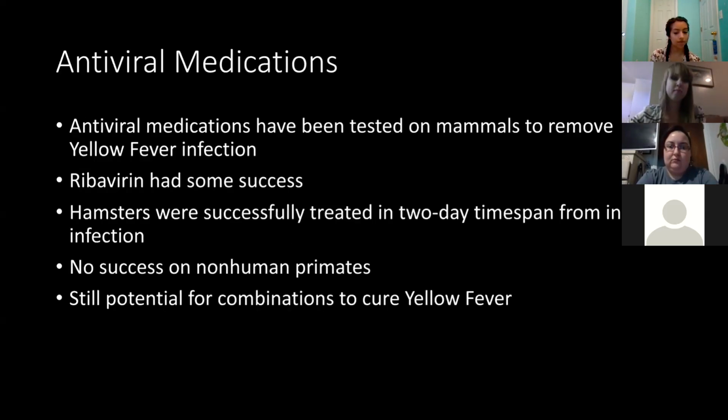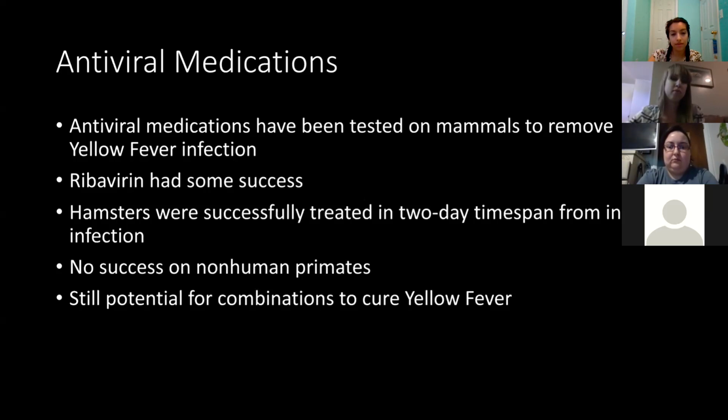Antiviral medication. Current research has been testing numerous antiviral medications' effectiveness at eliminating yellow fever viral infections. Such medications include ribavirin, tiazofurin, carboxamide, and pyrazoline. These medications have been tested on numerous mammals. Out of 4 antivirals tested, ribavirin was the only one with some success of treating the viral infection.